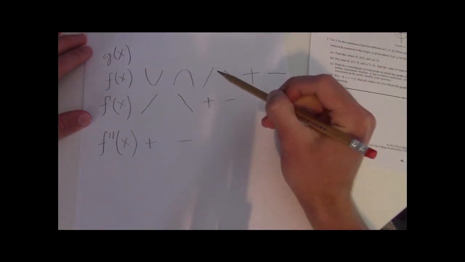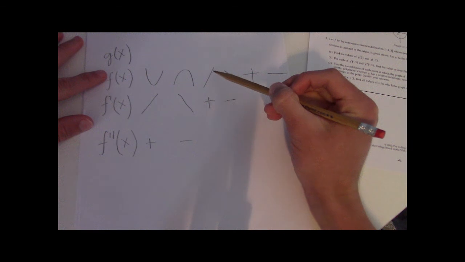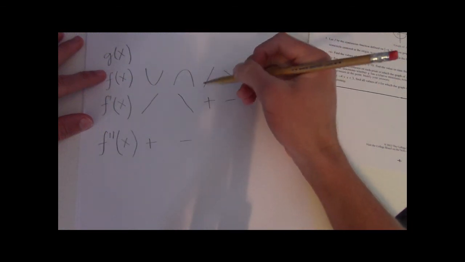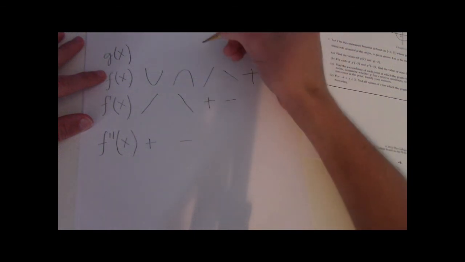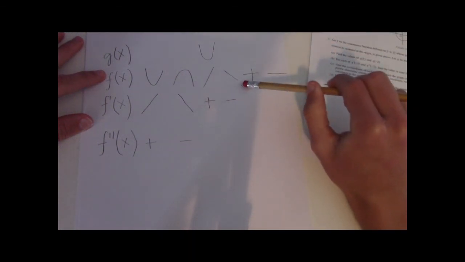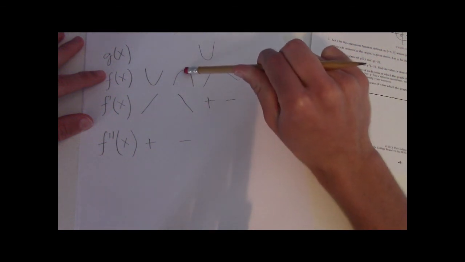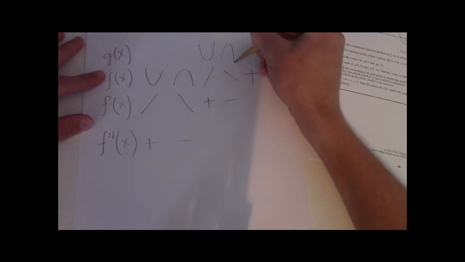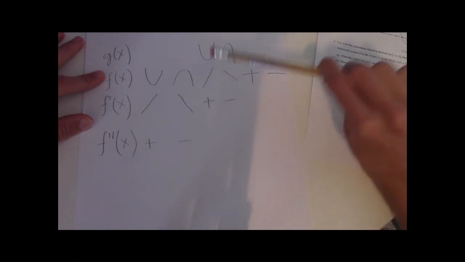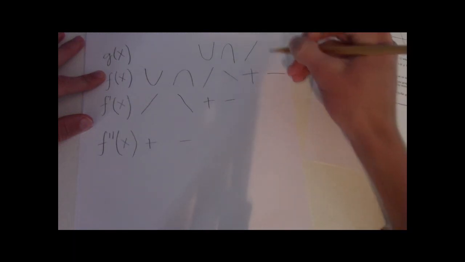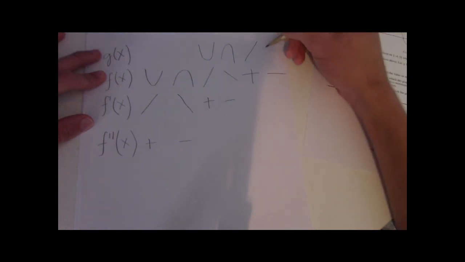So you kind of think backwards here. When f of x is increasing, you know that its antiderivative is going to be concave up. When it's decreasing, its antiderivative is going to be concave down. When it is positive, its antiderivative is going to be increasing, and negative will be decreasing.